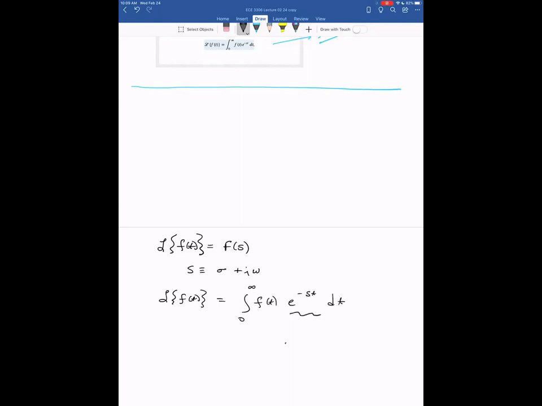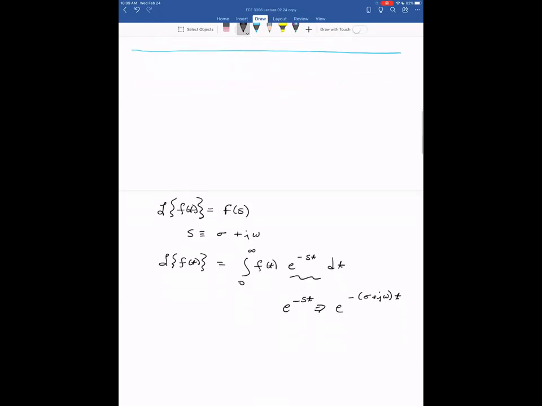So this function here, e to the minus st, we don't talk about this a whole lot, and I actually don't recommend ever doing this in problem solving, but it's basically e to a complex frequency times t. And so this first part, the sigma, allows you, using the Laplace transform, to represent transient effects. And the j omega allows you to represent frequency effects.